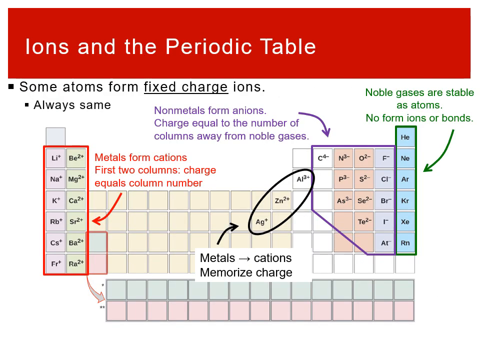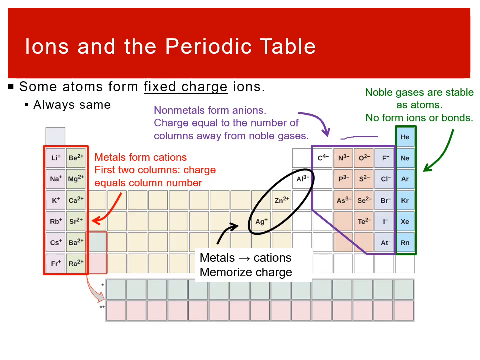So if we return to the idea of predicting ionic charges, we can start to understand some of what we talked about before. For example, noble gases, we said, didn't form ions, whereas the nonmetals, things in this region on the periodic table, tended to form anions. They gain a couple more electrons.